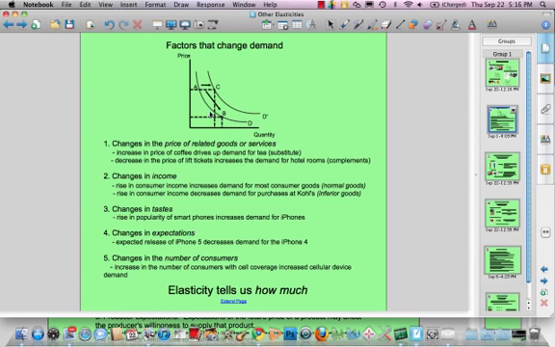Those are the things that told us that the curve would shift. What's nice is that elasticity helps us understand how much something is going to shift. So how sensitive quantity is to change in price. Tonight we're going to discuss 2 of these. We're going to discuss changes in the price of related goods or services and changes in income. Let's get back to that.